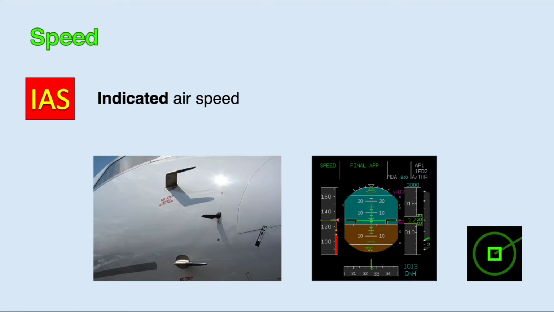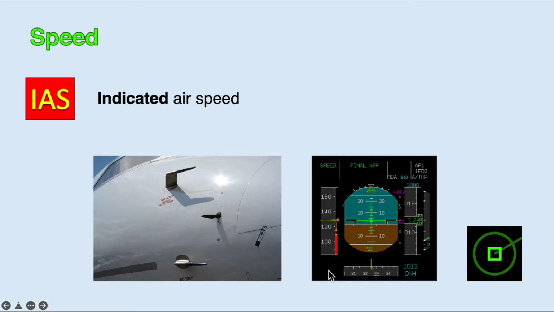Because it's the speed that you can only give to the pilot, because the pilot has the speed reference here. So it's not the actual speed of the plane, it's the speed that is measured by the cabin, by the plane in general. That's why you need to bear in mind that the speed measured by the plane is mostly not always the same as the actual speed of the plane.